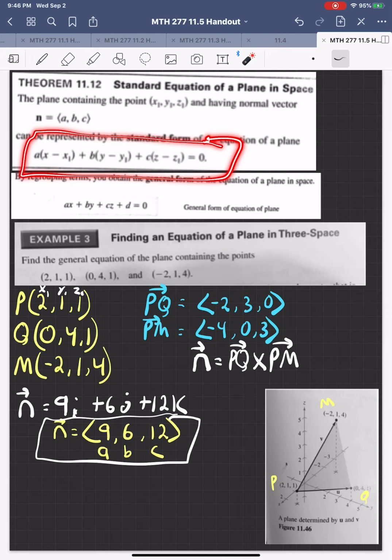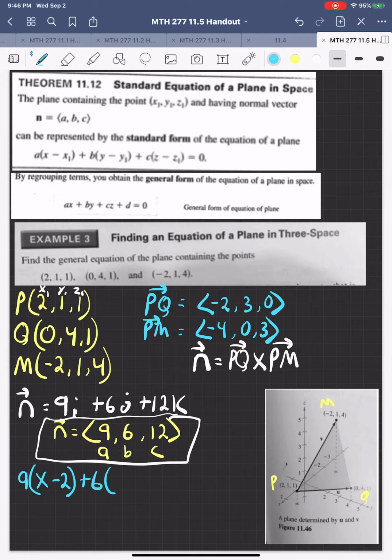Plug in for A, plug in for x sub 1, and so forth. So that gives me 9 times (x minus 2) plus 6 times (y minus 1) plus 12 times (z minus 1) is equal to 0.